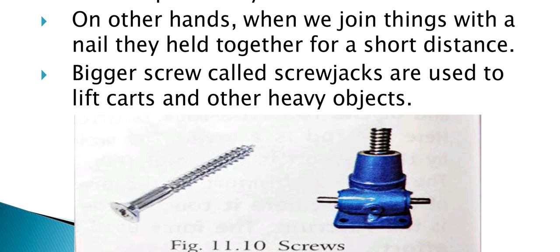So these are big types of screws. Easily you can lift the car, remove the punctured tire, and afterwards fit it again, and lower down the screw jack so your car comes down again.